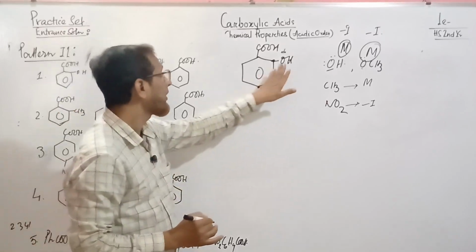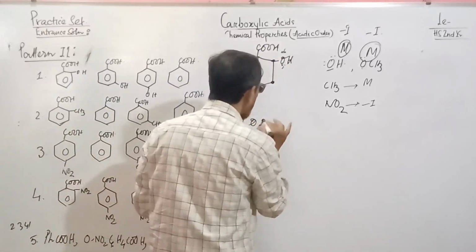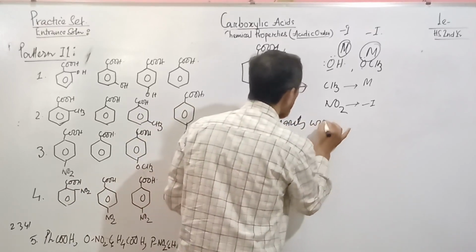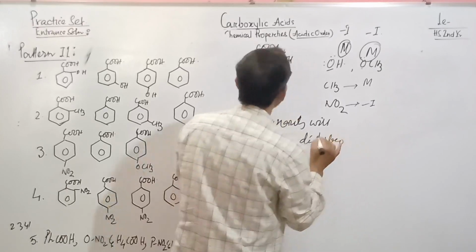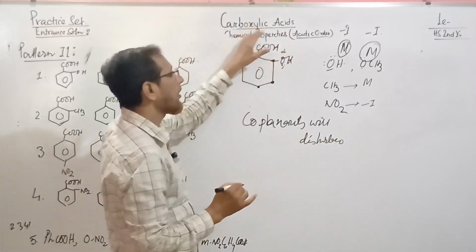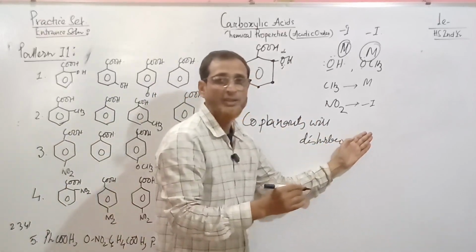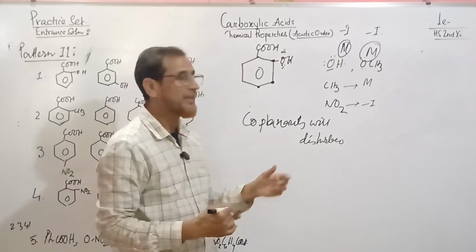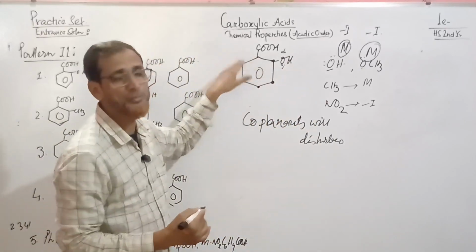That depends upon when OH is in the ortho position, then its coplanarity will be disturbed. Means when there is no OH, benzene and COOH are in the same plane. When they are in the same plane, there is resonance. The mesomeric effect will predominate.